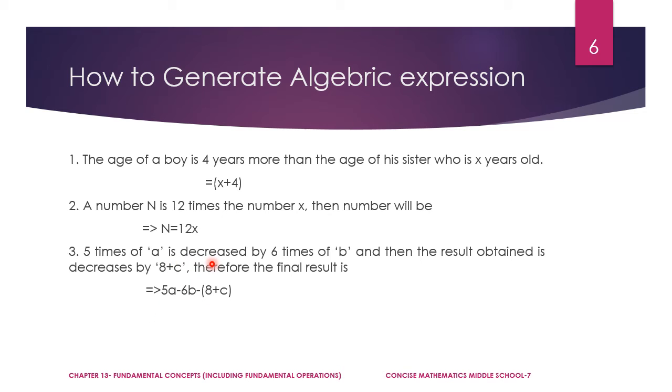Here we are telling decreased, so we are placing a minus sign. After getting the result, we are just decreasing it by 8 plus c. So it should be 8 plus c. We have placed a minus sign in between. From this result, we are removing this 8 plus c.